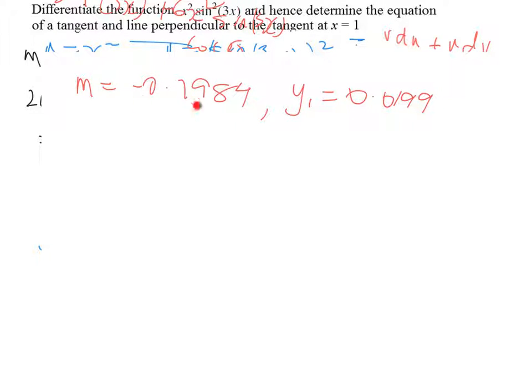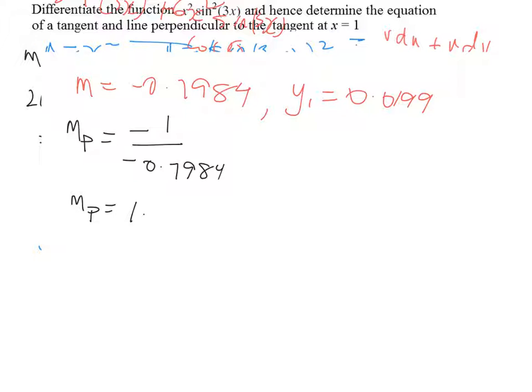And if we've got our value for m, if we're finding perpendicular, we've got to take the negative reciprocal of this. So I'm going to say that m of the perpendicular equals negative 1 over negative 0.7984.